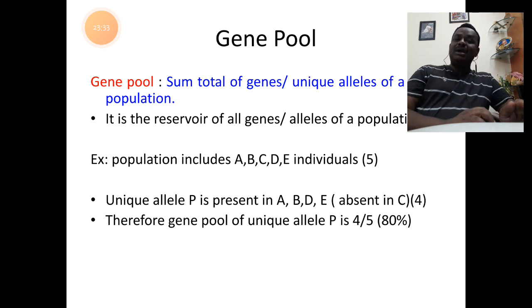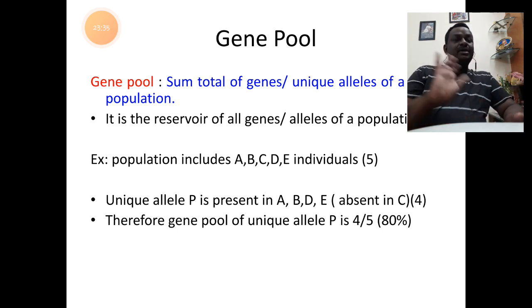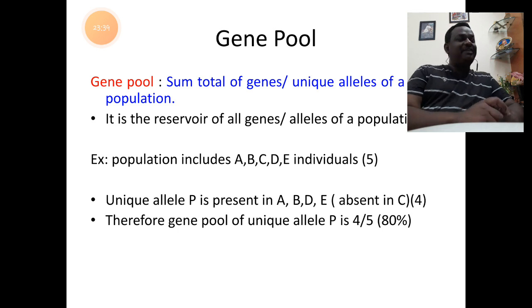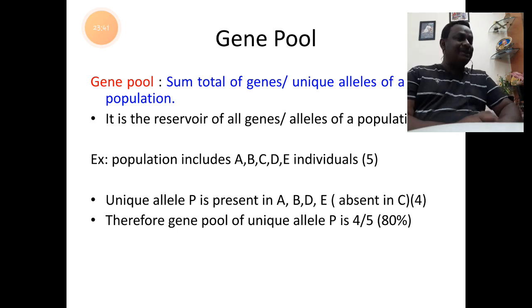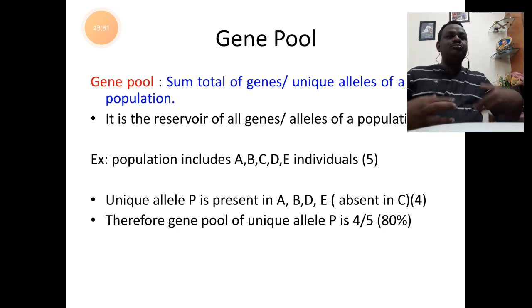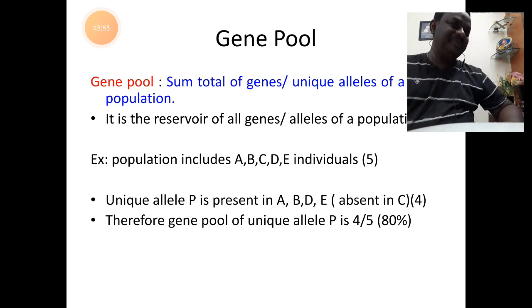We have a total of 5, but the unique allele P is present in only 4. So 4 by 5 is equal to 80%. So the 80% of the P allele is the gene pool of P.